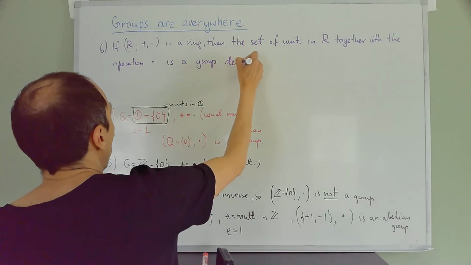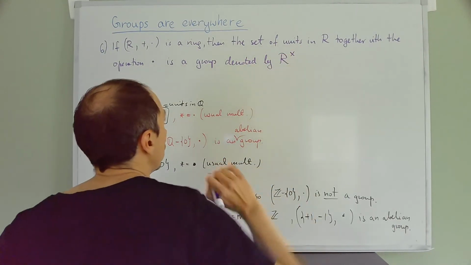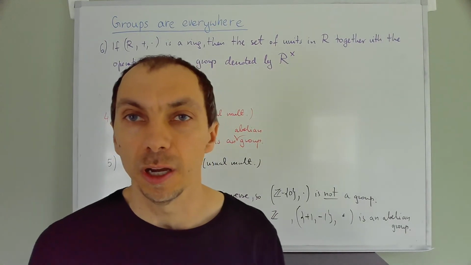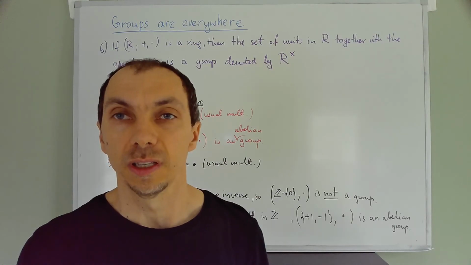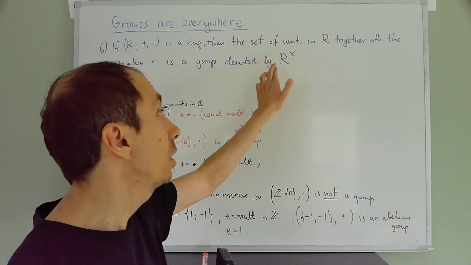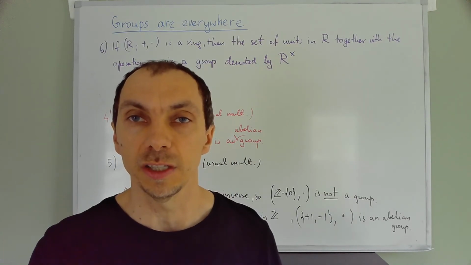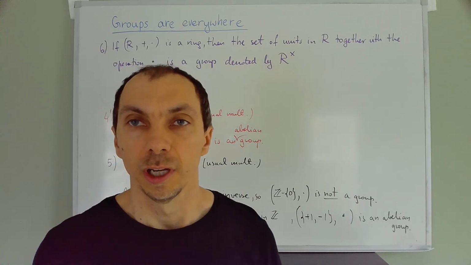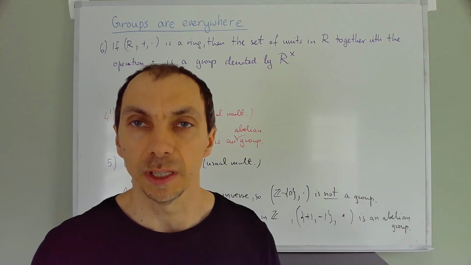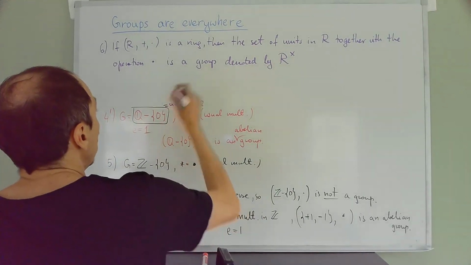In fact, this group has a special notation, R cross. I could write comma dot, but this notation already subsumes that. So when I write R cross, I already mean the set of units inside the ring R together with the binary operation that is the multiplication in R. For us, remember, all rings were commutative, which meant multiplication was commutative. So this is actually an abelian group.